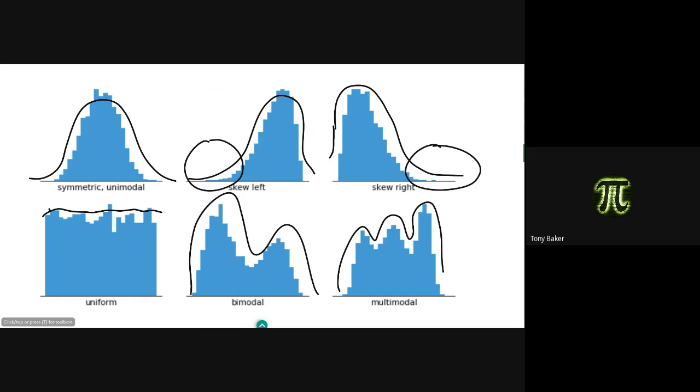But the ones that you're going to see most often are the bell shape and then skewed left and skewed right. Okay. Any questions on that? Okay. All right.